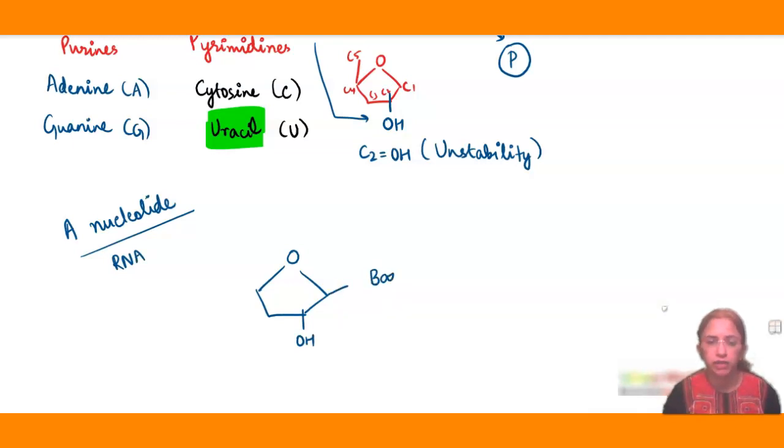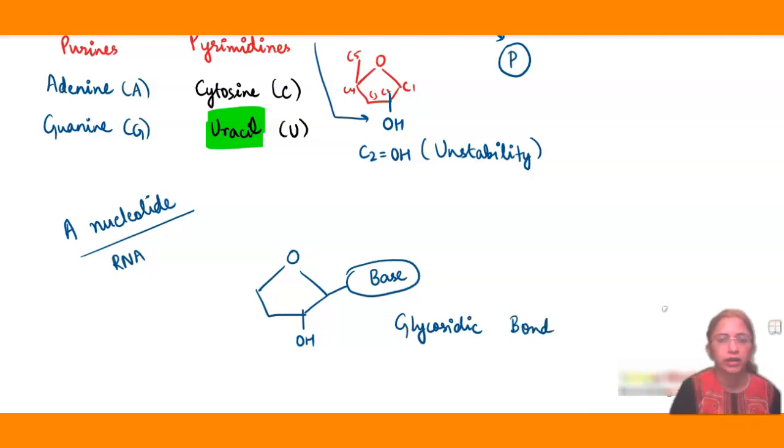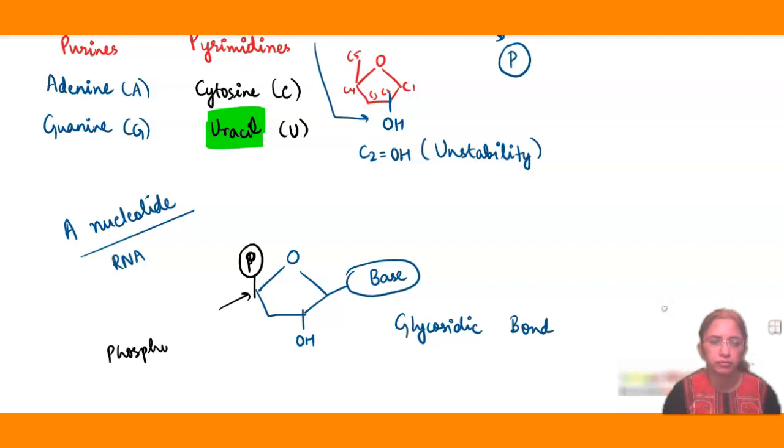Base will be attached to the C1 position of the pentose sugar, and the bond will be glycosidic bond. And phosphate, if you are showing just one nucleotide, then phosphate will be attached to the C5 position. And the bond present between them, of course, will be phosphodiester bond.